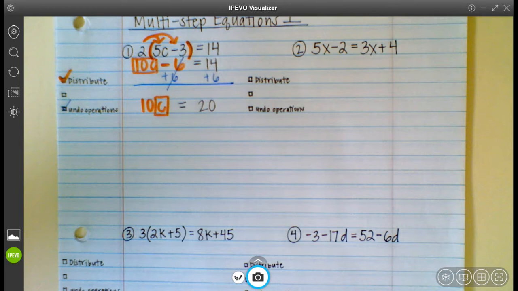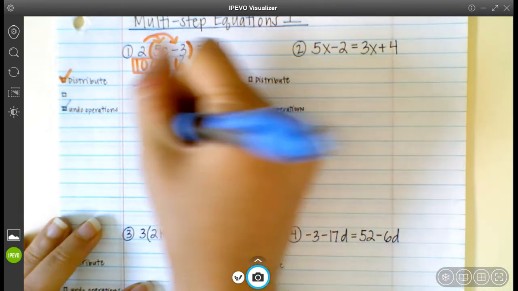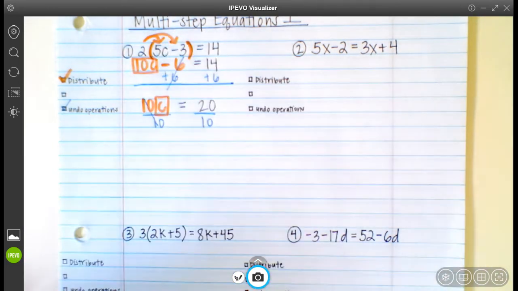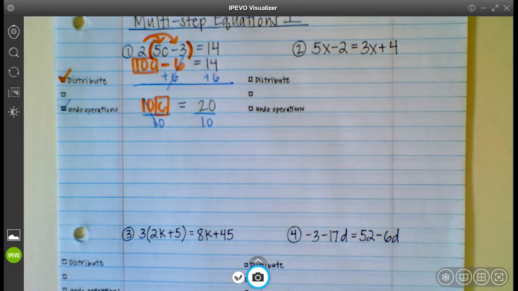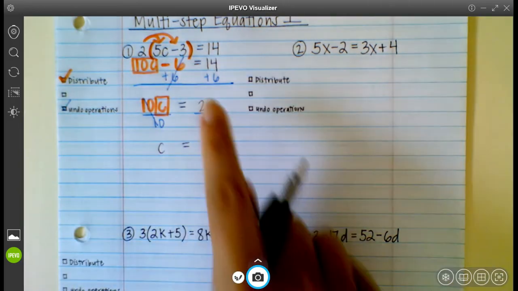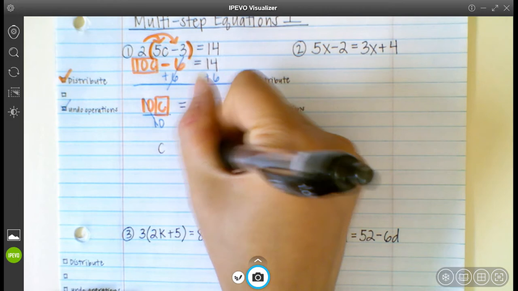So that triggers this thought that we're going to have to not multiply, but undo it by divide. So we're going to divide by 10 on both sides. And we end up getting our final answer here of c equals 20 divided by 10 is 2.